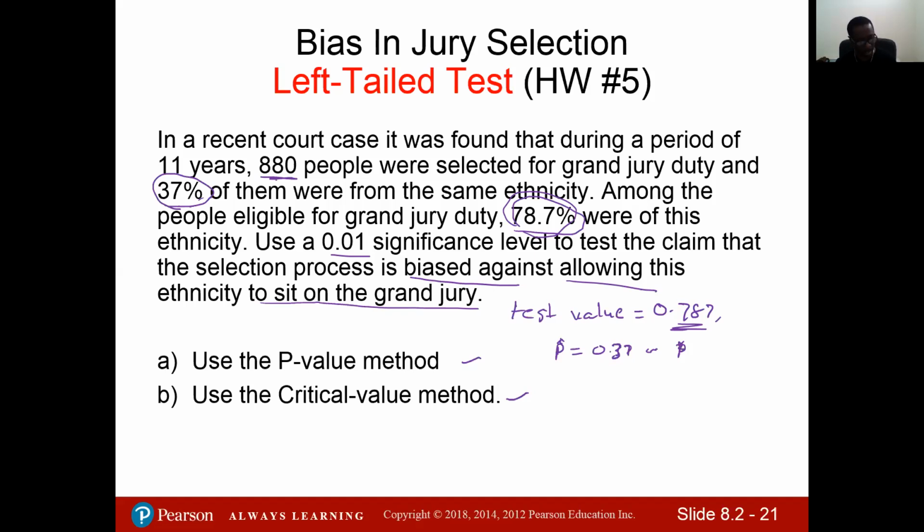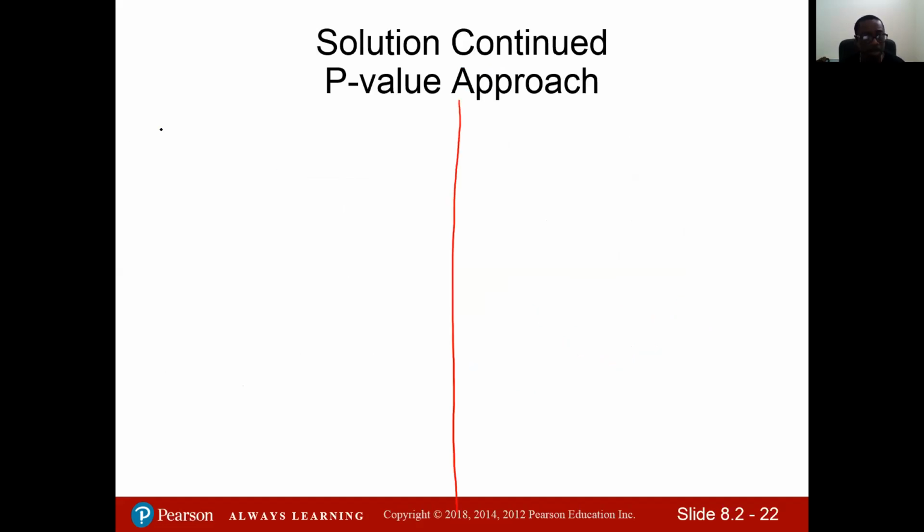Now, let's go and solve that. The steps are the following. What's my H0? That P is 0.787, versus H1, and it's a left tail.